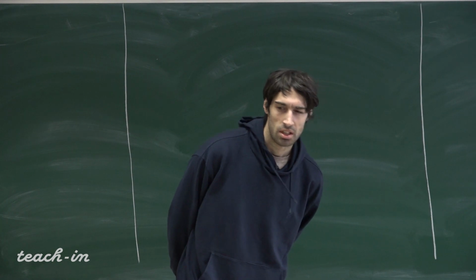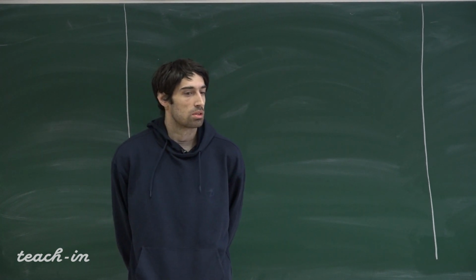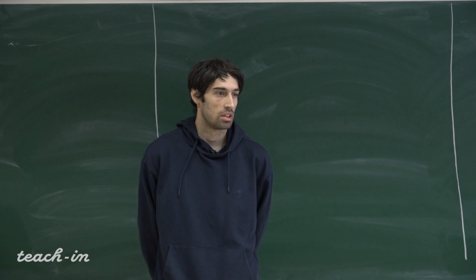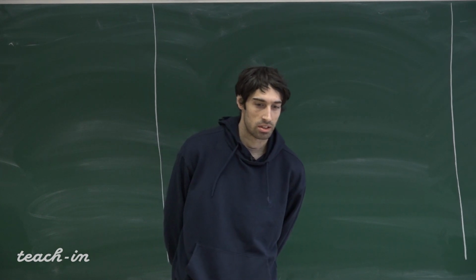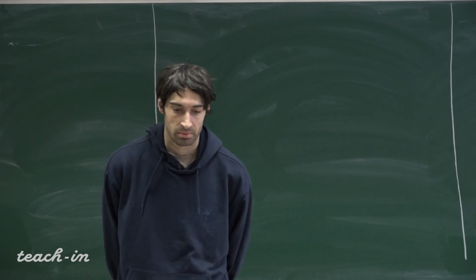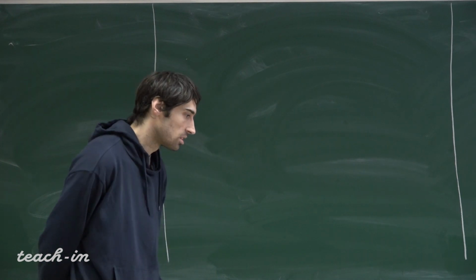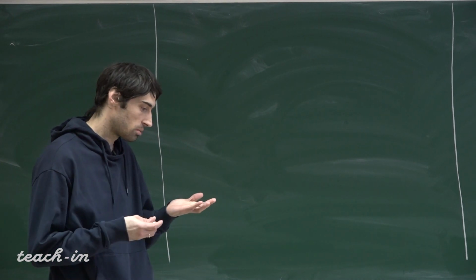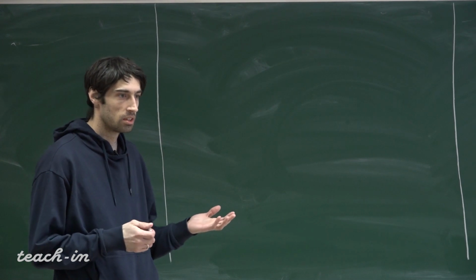So last time we introduced solvable and nilpotent algebras, and in a way it's a way to define algebras that are close to abelian.